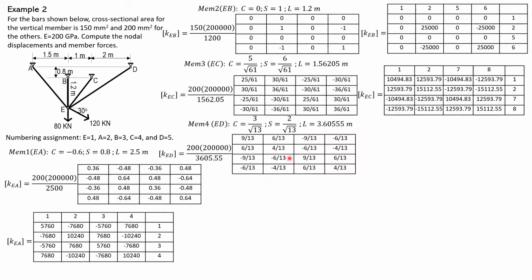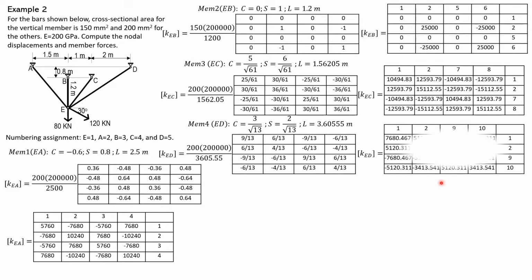Then their negatives, copy, copy. Simplifying, the stiffness of ED would be equal to these values here. So kindly verify. Then it is bounded 1 to 9, 10.